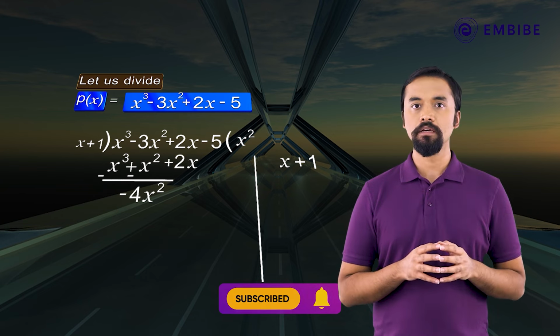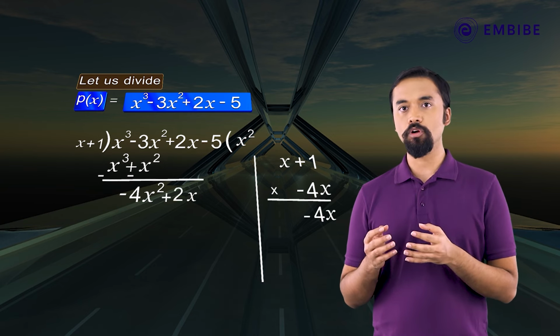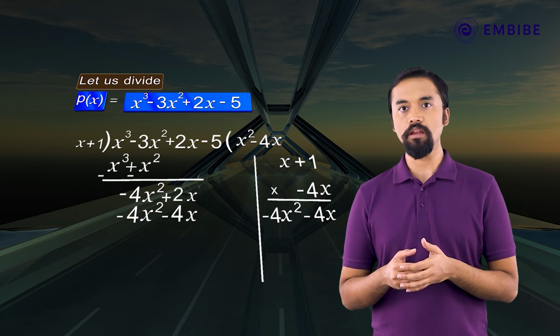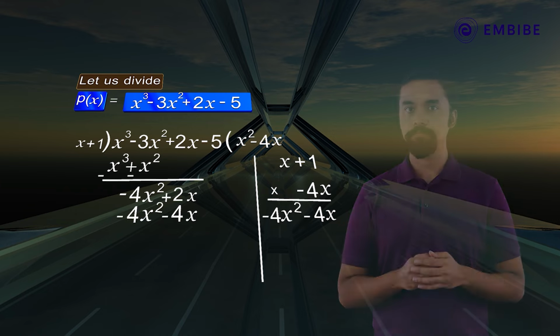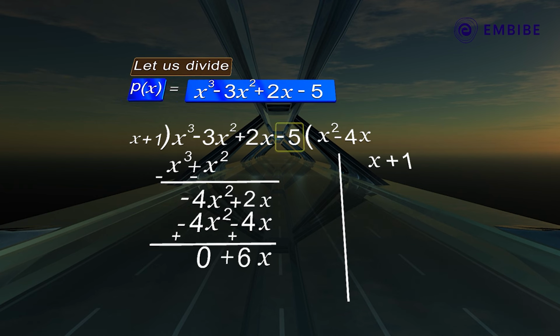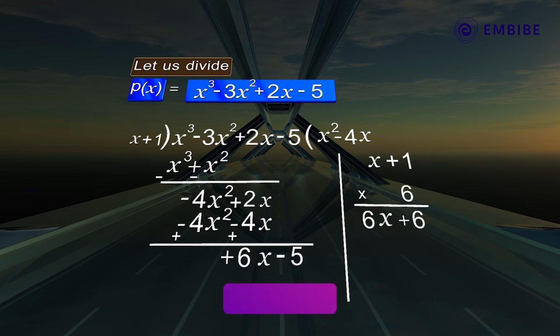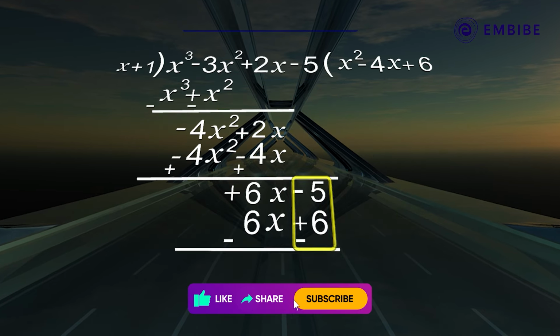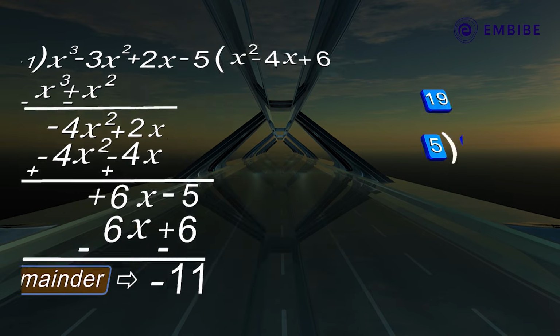X plus 1 into minus 4x is equal to minus 4x square minus 4x. Now, x plus 1 into 6 is equal to 6x plus 6. Here, the remainder is minus 11.